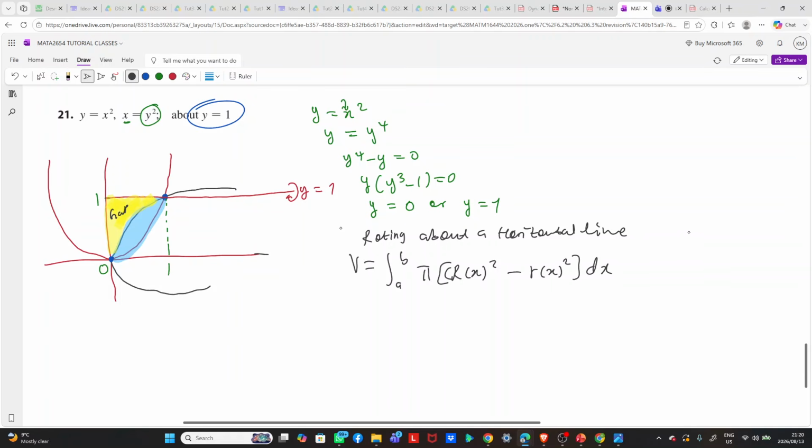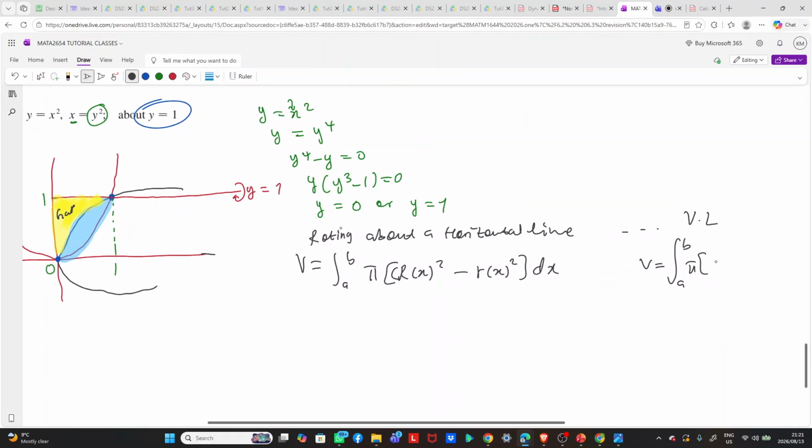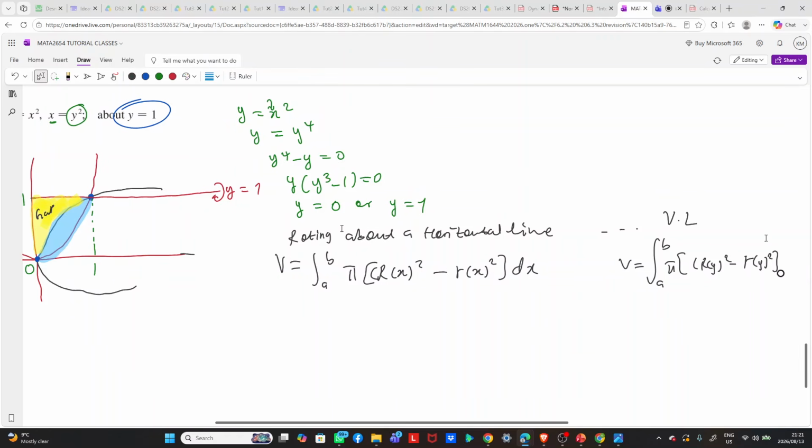And if you were doing the rotation about the vertical line, the volume will be defined by the integral from a to b of pi times, now you'll integrate in terms of y, big R of y squared minus small r of y squared dy.